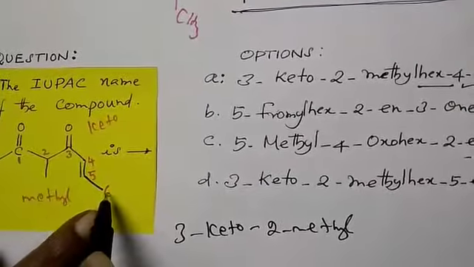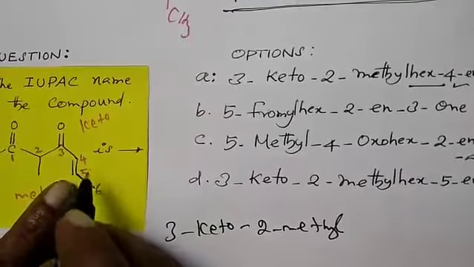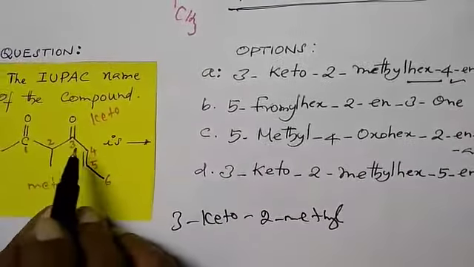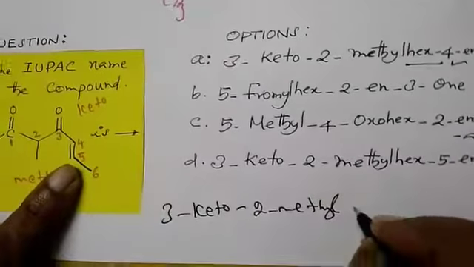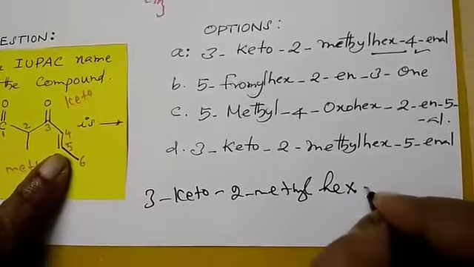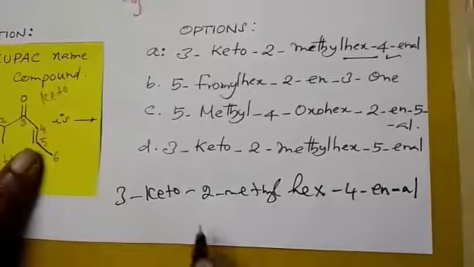Overall carbon atom is 6, and after 4 you have the double bond. So 3-keto, 2-methyl, hex-4-ene and al. This is the name of it.